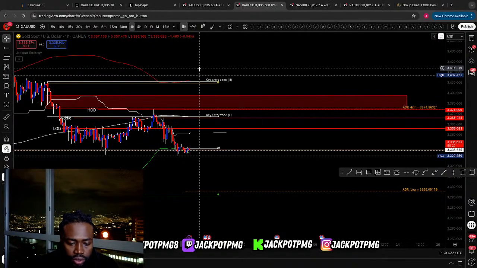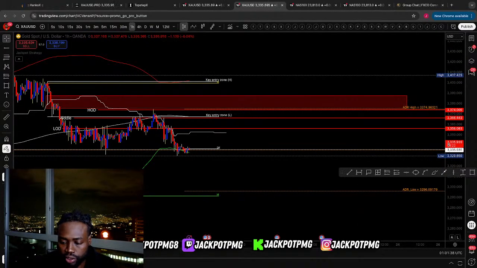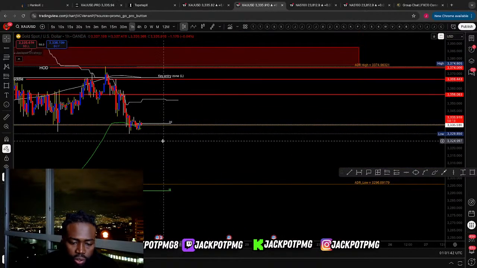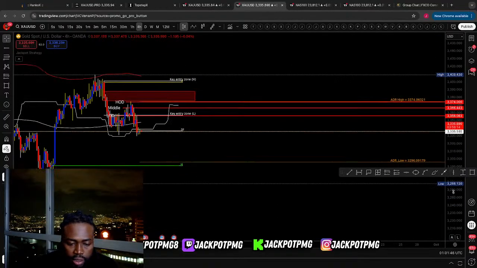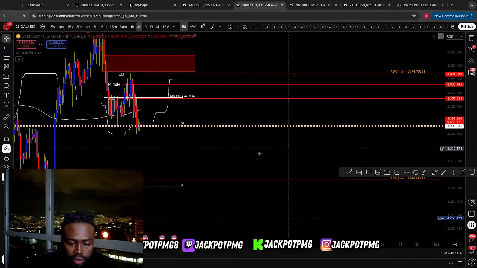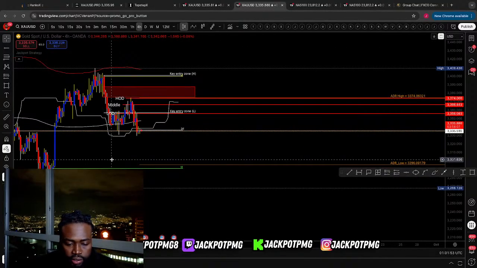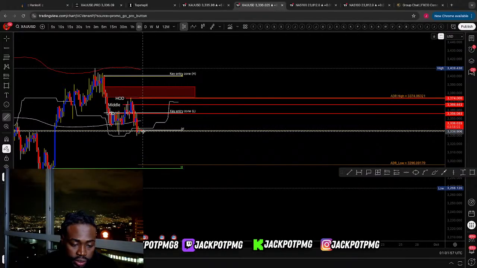Okay, so we know now we're in a complete sell for gold, right? On the H4, this is gonna be my jackpot take profit right here. If we reach this area, we definitely gonna get a bag. How many pips would this be?